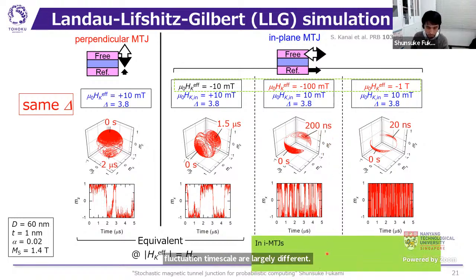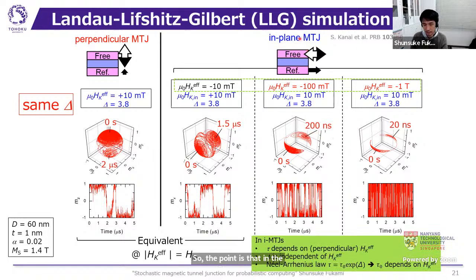The point is that in the in-plane easy axis MTJs, the tau, the fluctuation time scale or the retention time, strongly depends on the perpendicular negative anisotropy field, HK effective, although the delta is independent of the HK effective. As I mentioned, the Néel-Arrhenius law is tau equals tau zero times exponential delta. So we should attribute the difference between these cases to the difference in the tau zero. So we can anticipate that the tau zero depends on the HK effective.